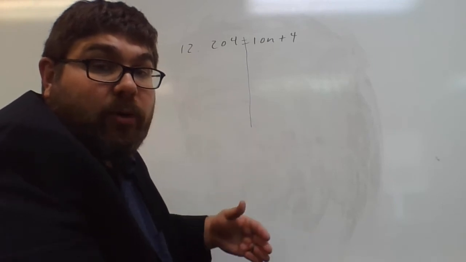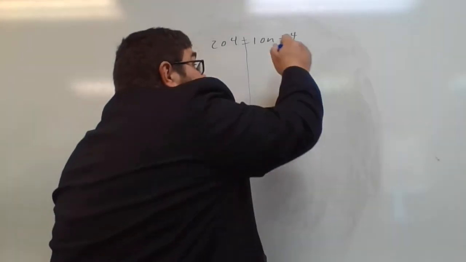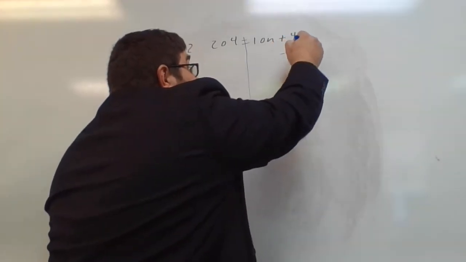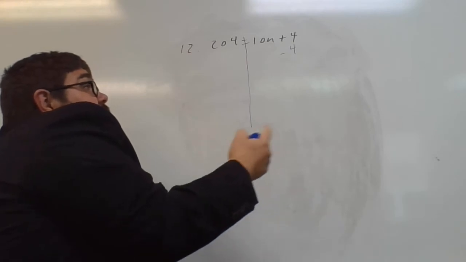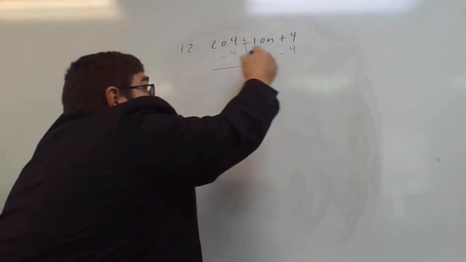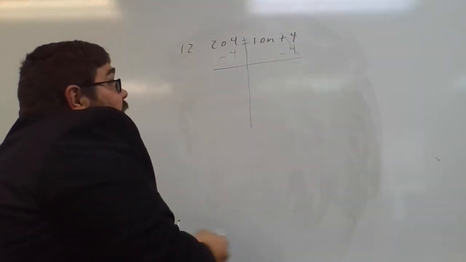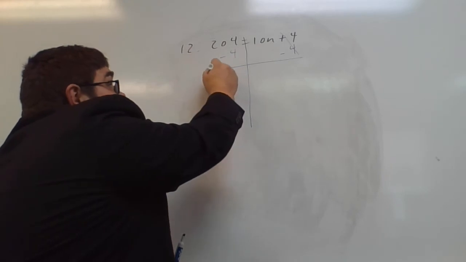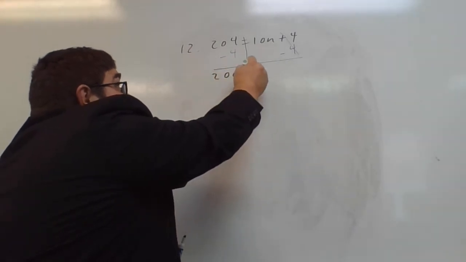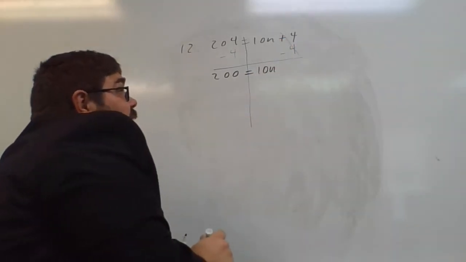So we have plus 4. We're going to do the opposite of plus 4, which is minus 4. If we minus 4 on one side, minus 4 on the other side, we get 204 minus 4, of course, is 200, equals 10n. These 4's canceled out.